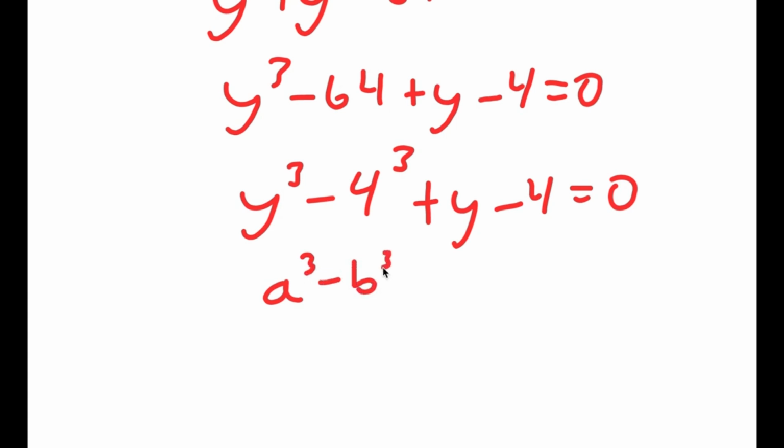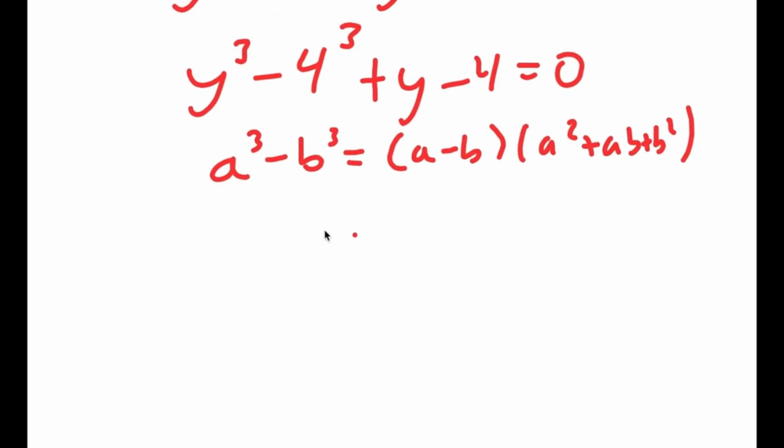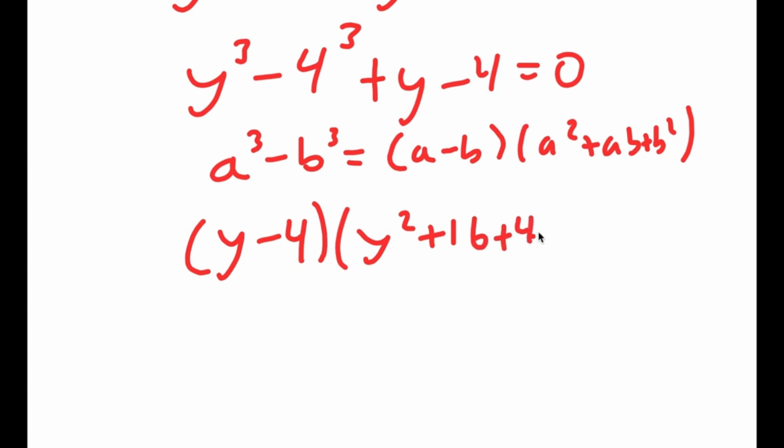to the power of 3, this is equal to a minus b times a squared plus ab plus b squared. So in this case, this is going to equal y minus 4 times y squared plus 16 plus 4y plus y minus 4.